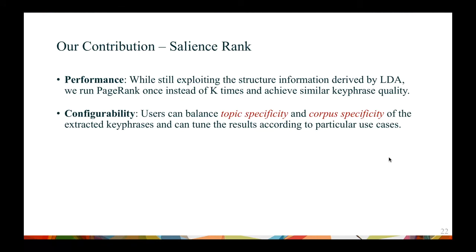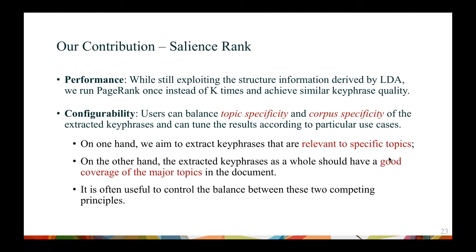The second contribution is that it gives you the flexibility to trade off between what we call topic specificity and corpus specificity. So it gives you more freedom in practice when you're working on a particular application. I will talk more about this later. Here is the basic intuition behind it. On one hand, we want some key phrases which are very relevant to particular topics.